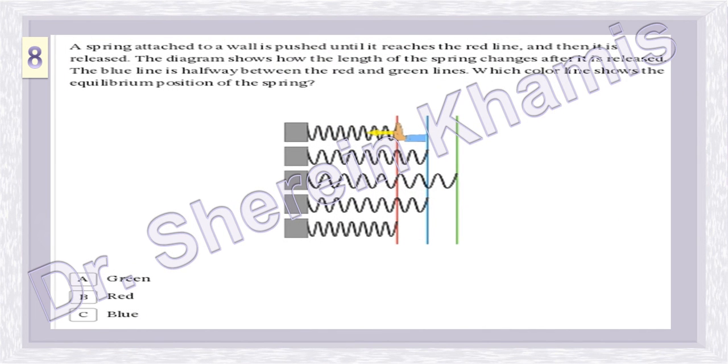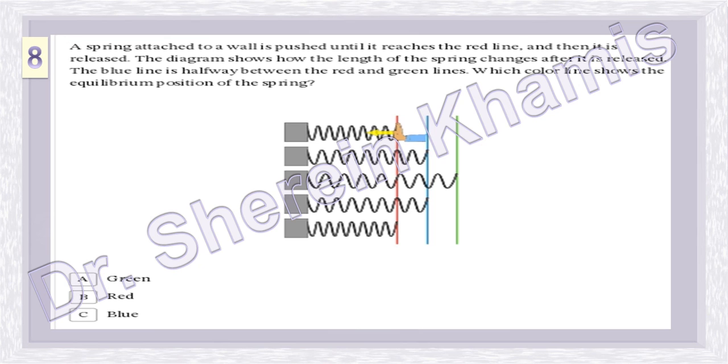Question 8 says a spring attached to a wall is pushed until it reaches the red line and then is released. The diagram shows how the length of the spring changes after it is released. The blue line is halfway, in the middle between the red and the green lines. Which color line shows the equilibrium position of the spring?